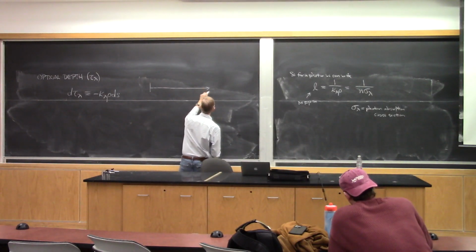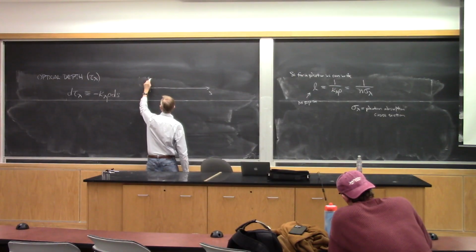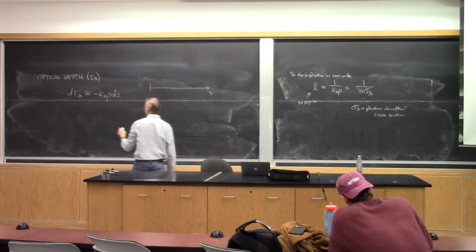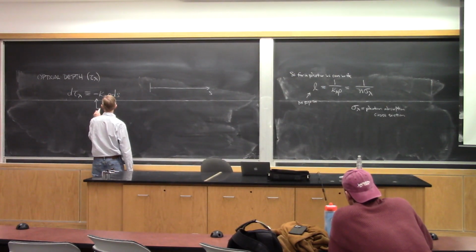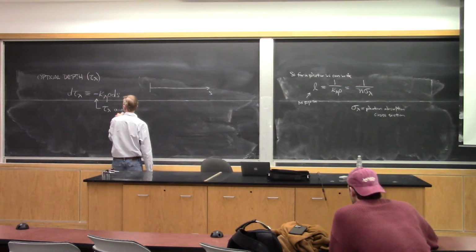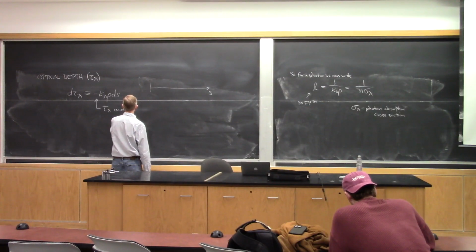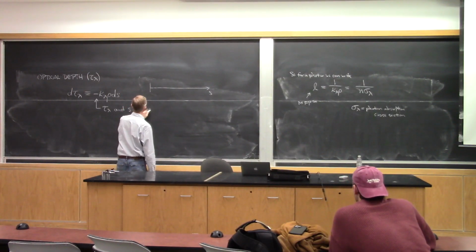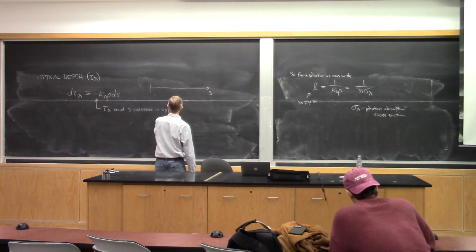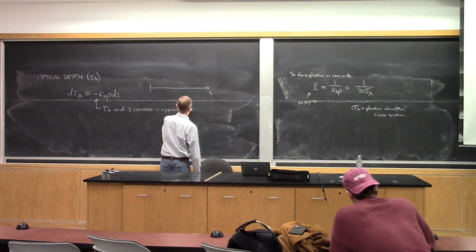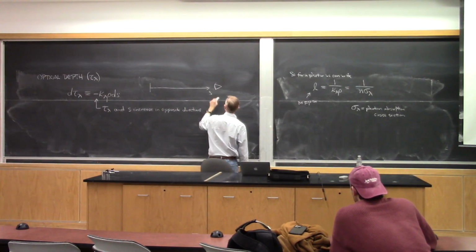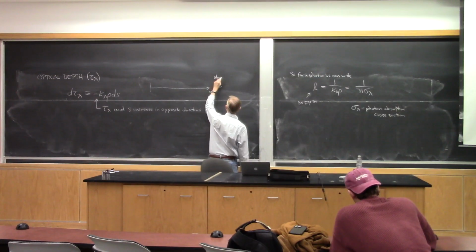Here's my beam, s off in this direction, and what we're saying here is that the minus sign says that tau lambda and s increase in opposite directions. And so what we typically will think of is that here is the observation point.